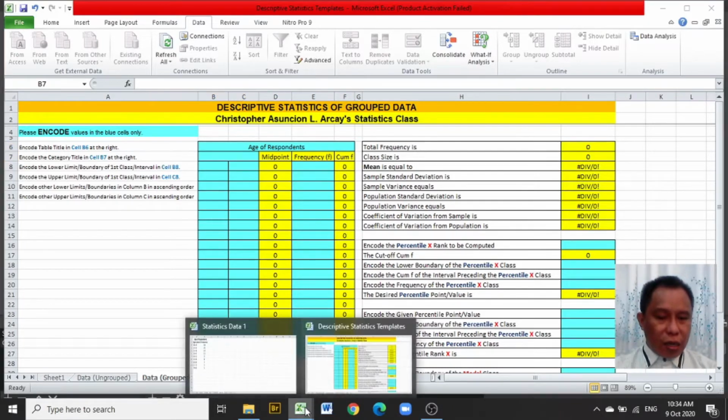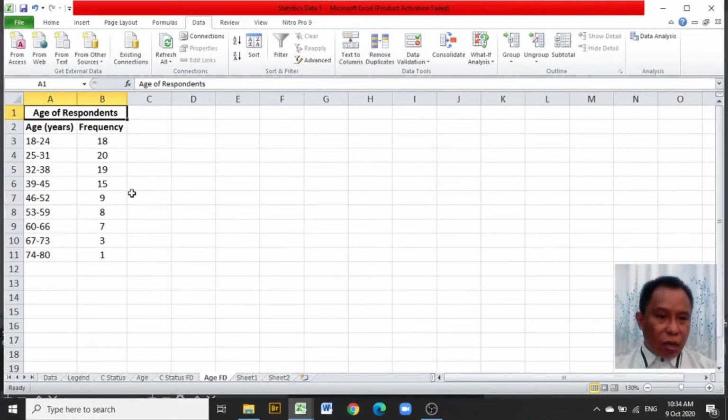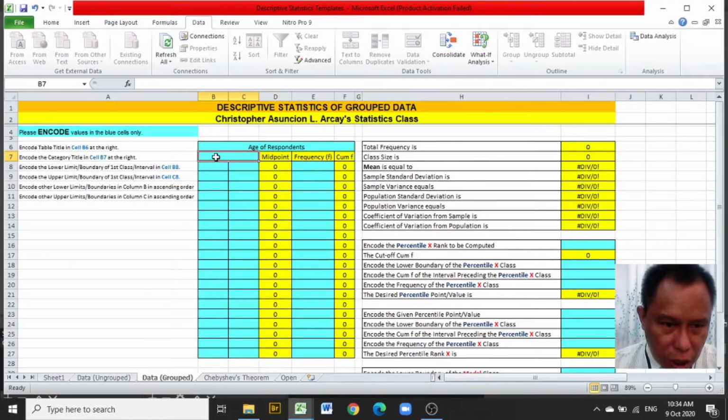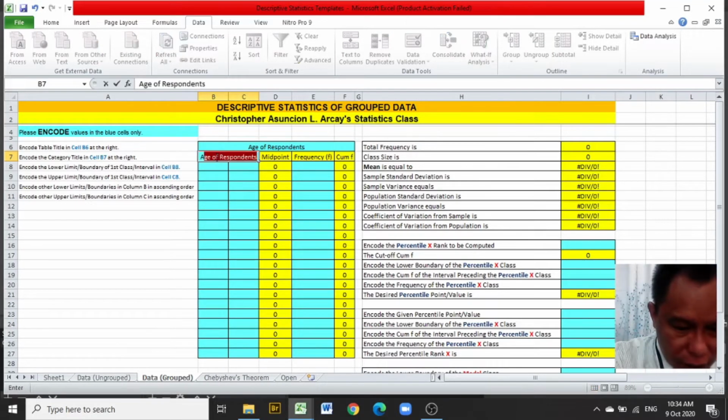The next is to encode the column or the category title, age in years. It is in B7, age in years.